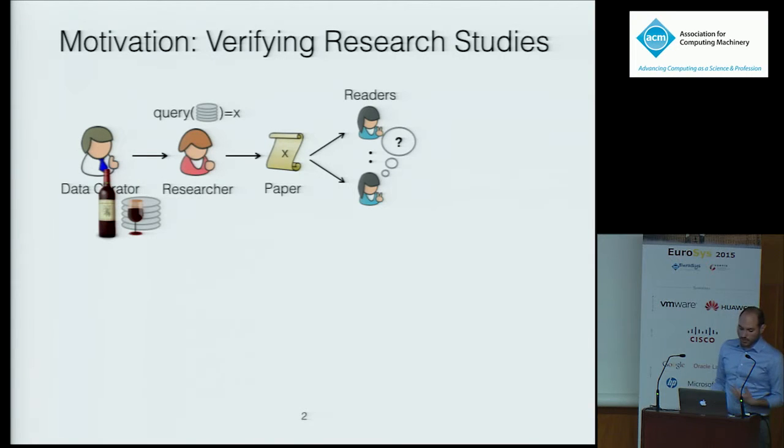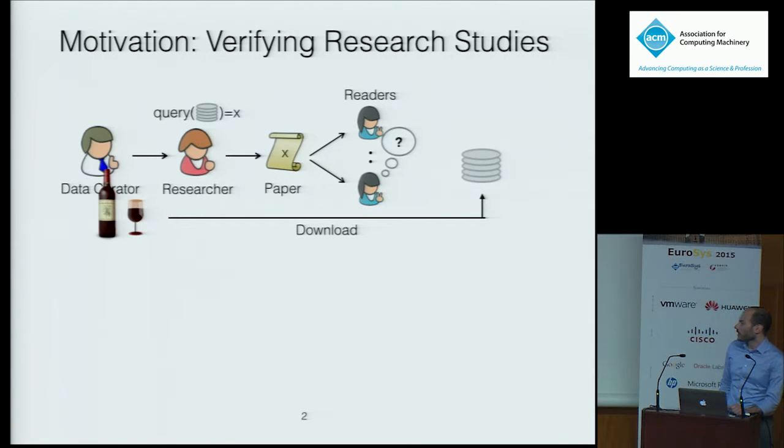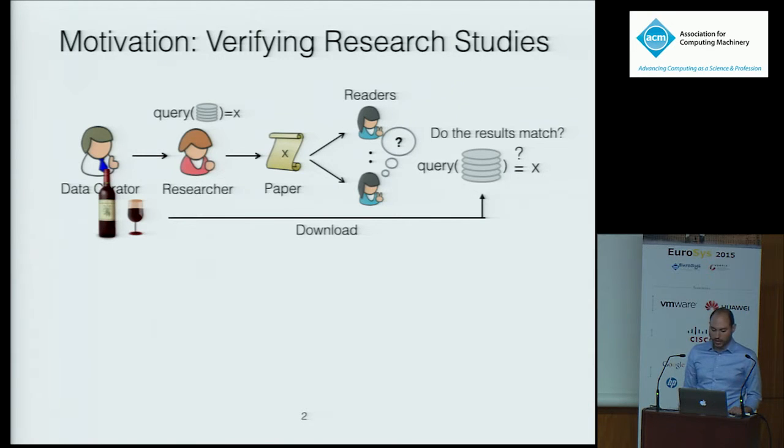Then the readers have every reason to ask for some kind of verification that the results were correct. The way that this is currently done is that the readers can get the database themselves, recompute the statistics, and check whether the numbers match.